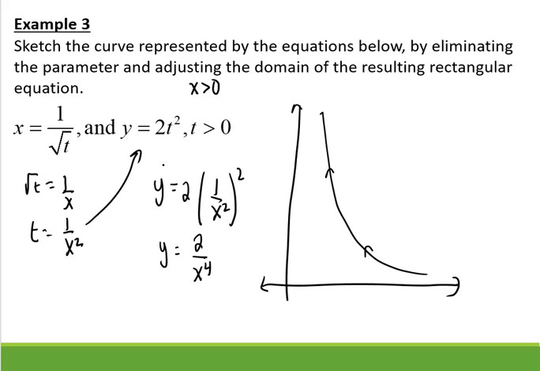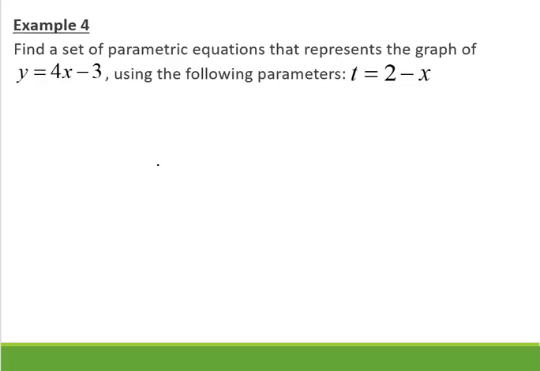Example 4. Given the set of parametric equations, find a set of parametric equations that represents the graph by using the following parameter. I don't know why I was confused by this. I'm now going the other way, writing this as a parametric. I kind of already have one. If I add the x over and subtract the t, I have one parametric.